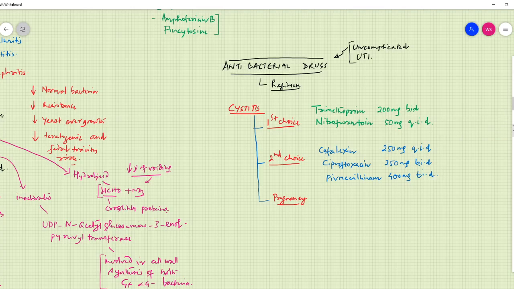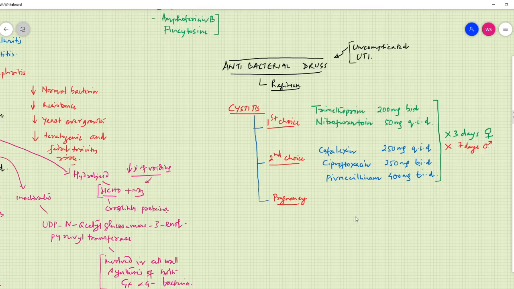Now these drugs need to be administered for 3 days in females, and for 7 days for males.